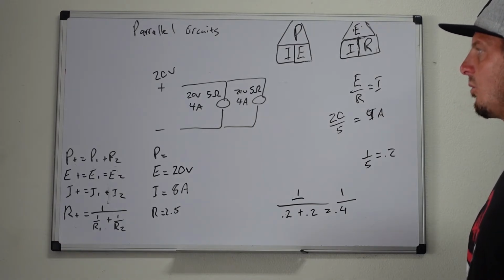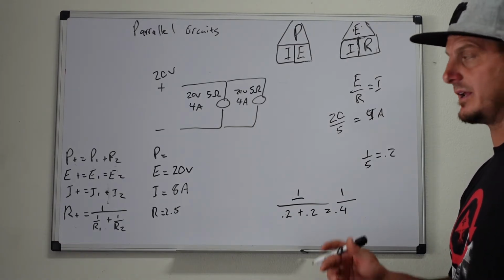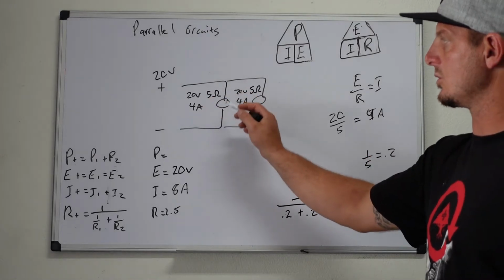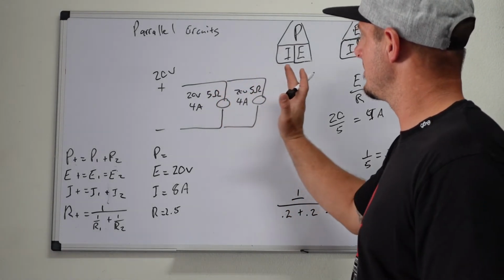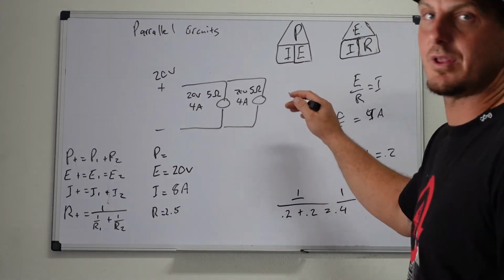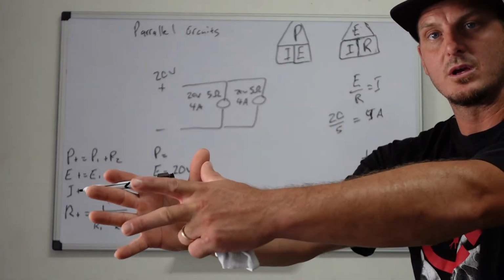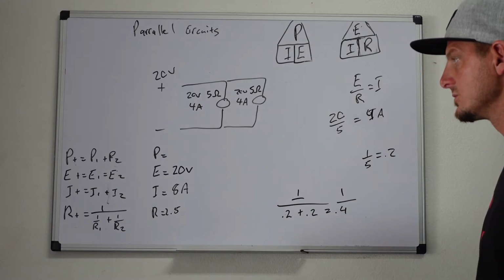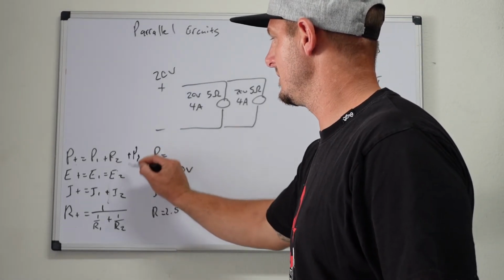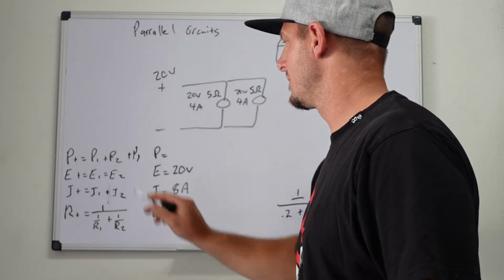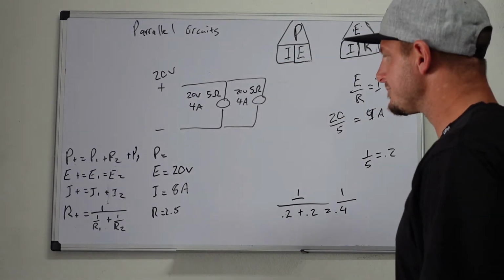Now to figure out our wattage, and I didn't explain this earlier, to figure out the totals you need to break down each problem. So this is a problem, this is a problem. If we were to add more in, that becomes its own problem, and then you combine it into the problem for the totals. So if you were to add totals, it would be plus P3, so on and so forth with the formulas.